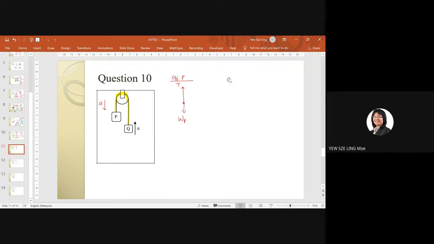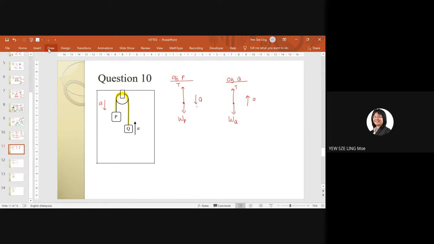Now object Q, this is its free body diagram. Again, object Q is an object, therefore it comes with weight, and it is being hung by a string, so you have a tension. The main difference between these two objects is that one acceleration is going up and the other is going down.